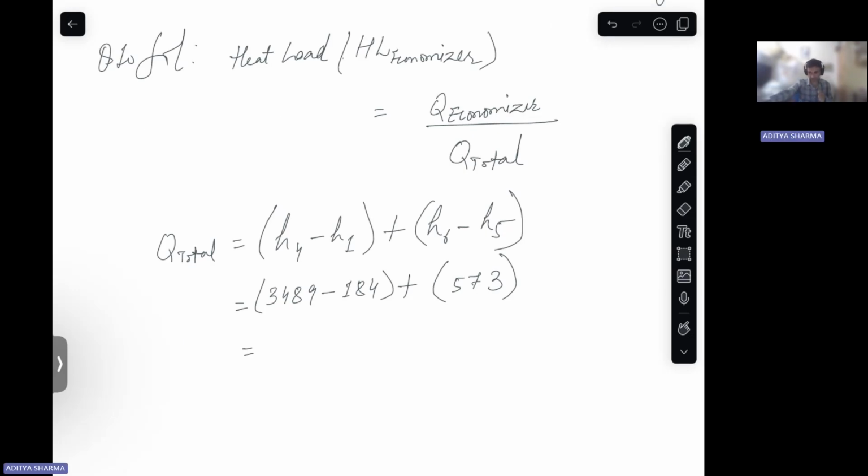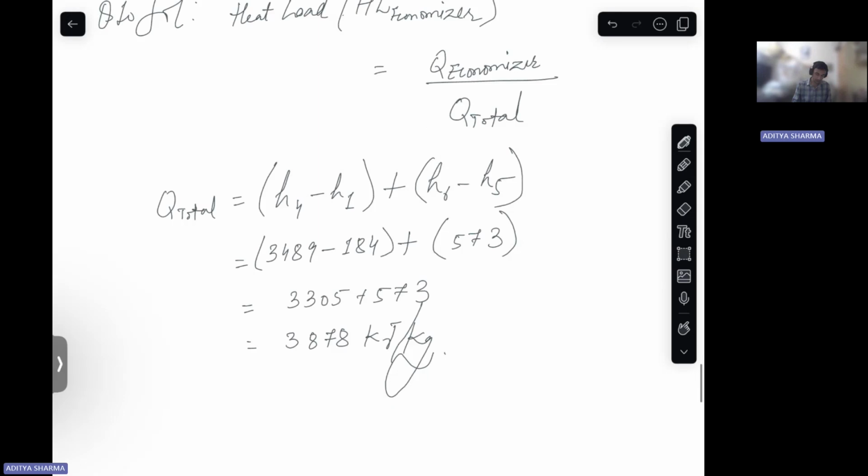So now if we calculate this, 3305 plus 573. So this is 3878 kilojoules per kg. So this is your Q total.